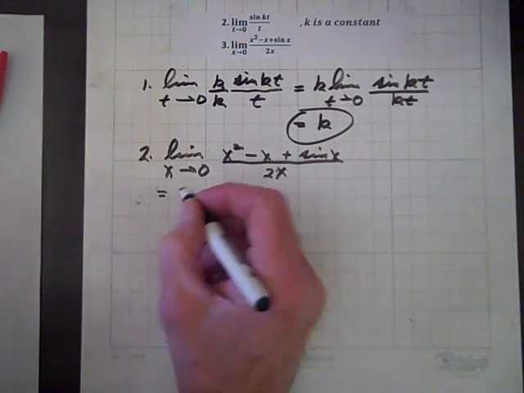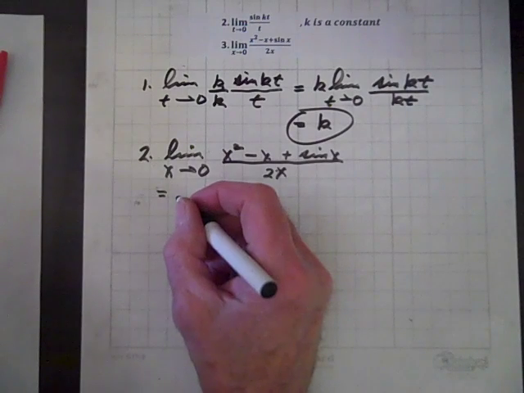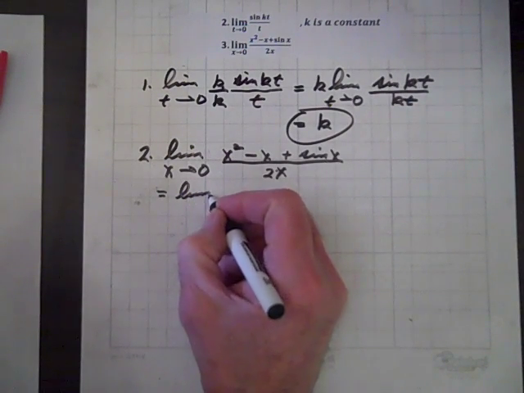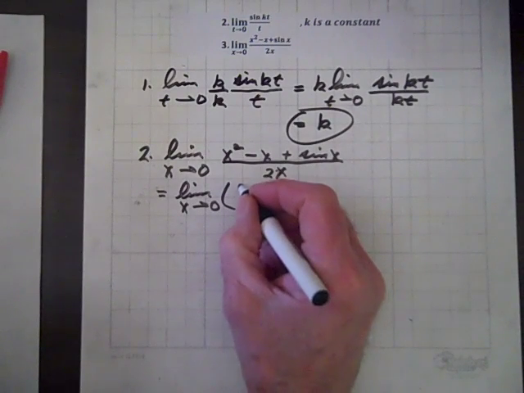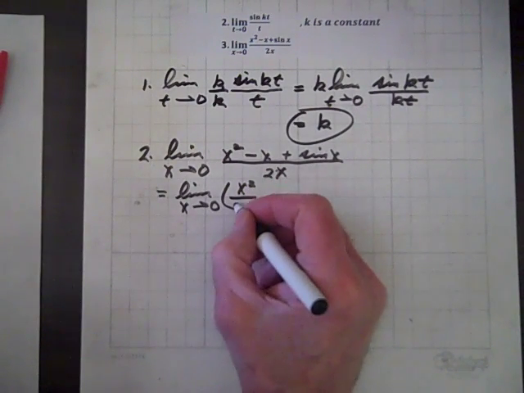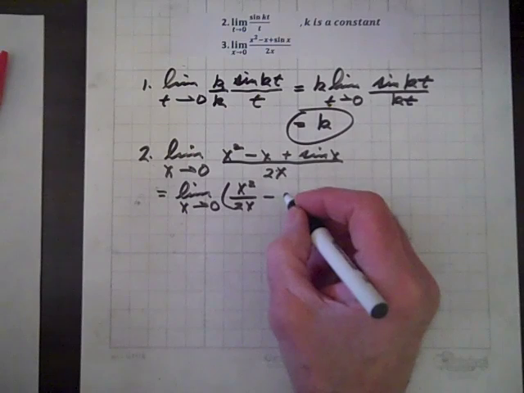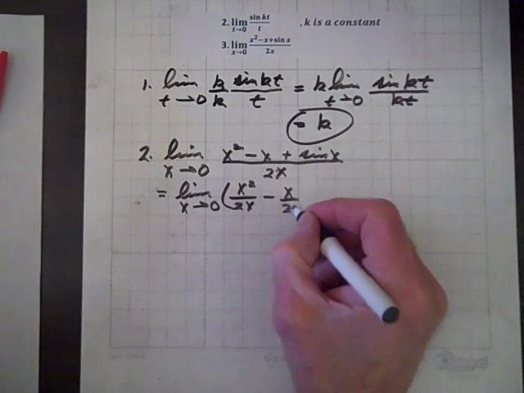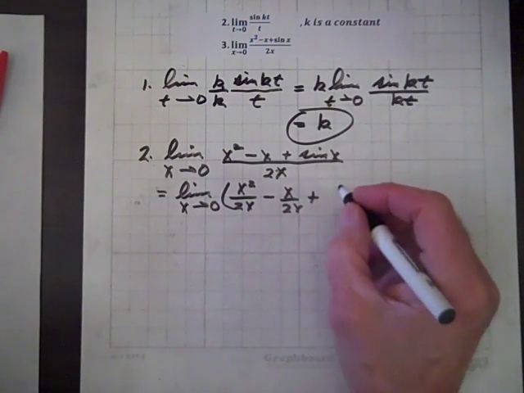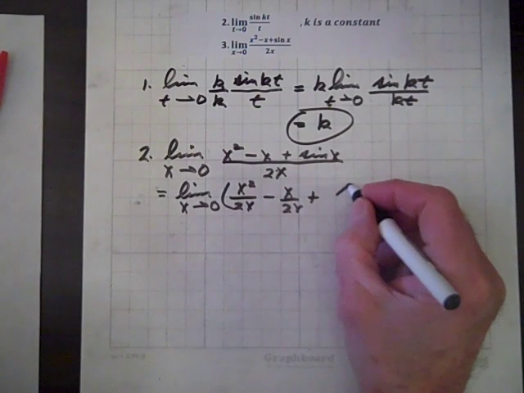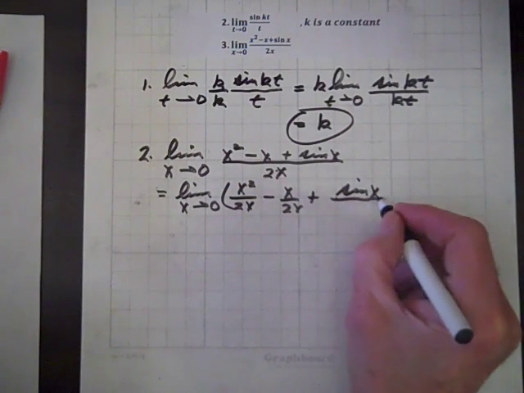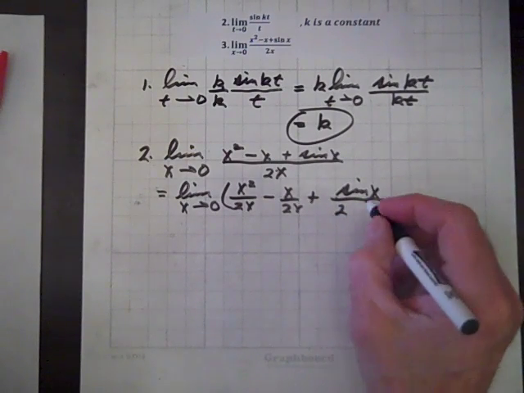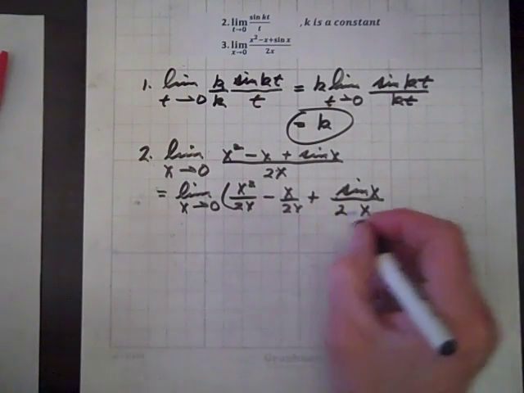So we'll break this quotient up into 3 terms, and we have the limit as x goes to 0 of x squared over 2x minus x over 2x plus sine x over, and I'm going to spread these factors out, 2 and x, 2x.